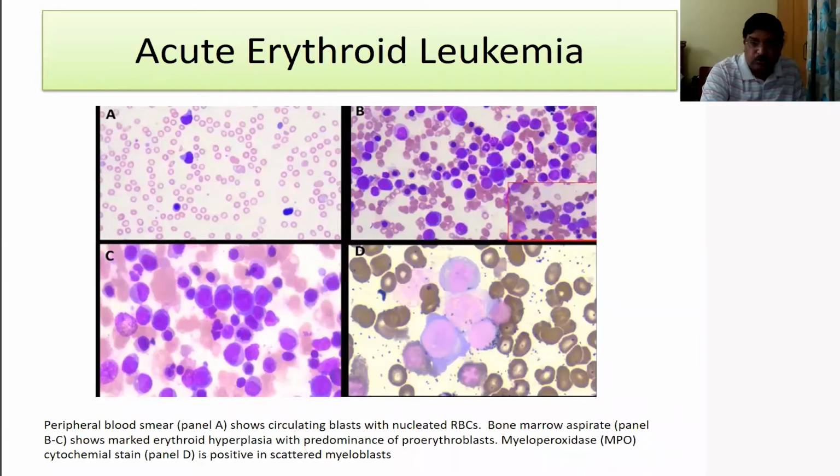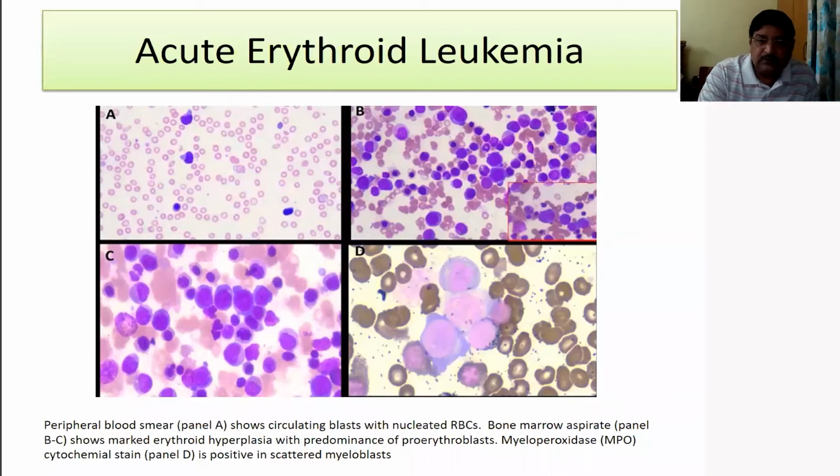In olden days, we used to do PAS in these smears, and if they are granular PAS positive and MPO negative, we used to call them erythroblastic leukemia. So classification has evolved in that way as to why we need to morphologically define erythroid maturation. So in the new 2022, you have AML with erythroid differentiation. You have AML with megakaryoblast differentiation, which you'll see in the next slide.